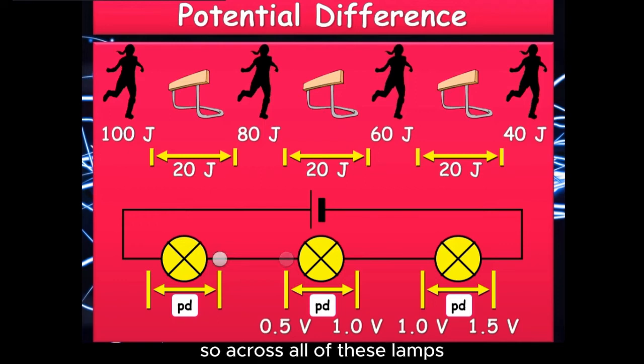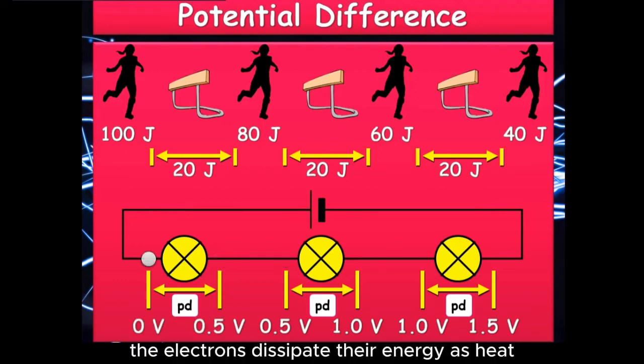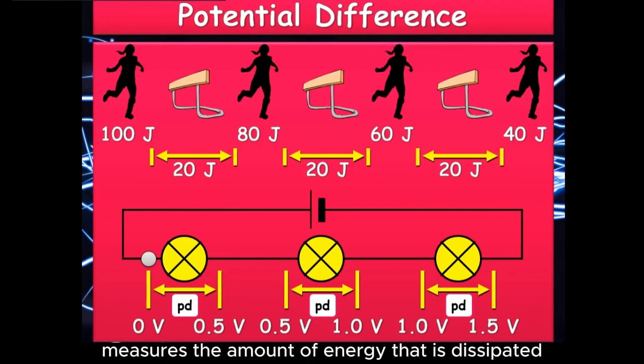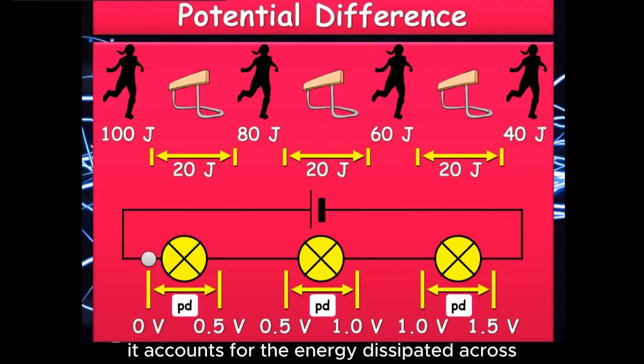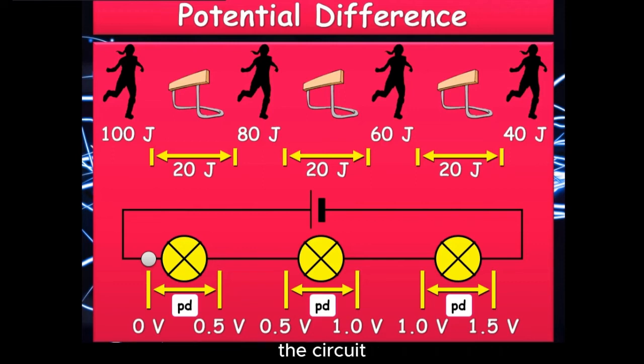Across all of these lamps, the electrons dissipate their energy as heat and light energy. So potential difference measures the amount of energy that is dissipated. It accounts for the energy dissipated across these circuits by the electrons.